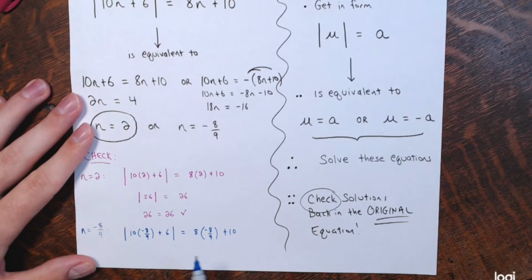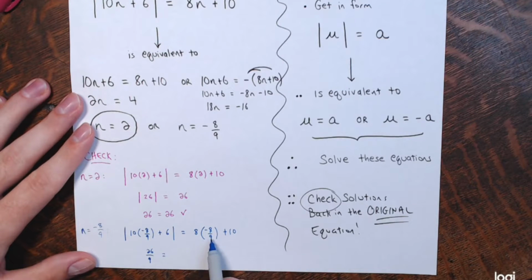This would be negative 80 ninths plus, and then 6 is 54 ninths, when you get a common denominator. Negative 80 ninths plus 54 ninths would be negative 26 ninths. So the absolute value of negative 26 ninths, this left side, would be positive 26 ninths.